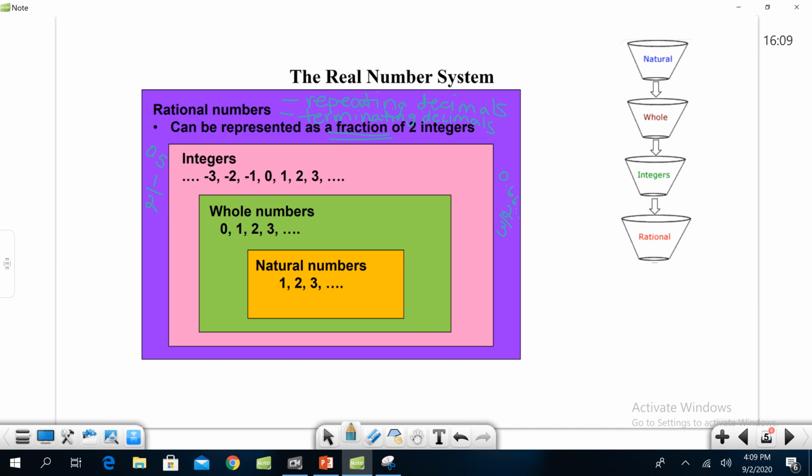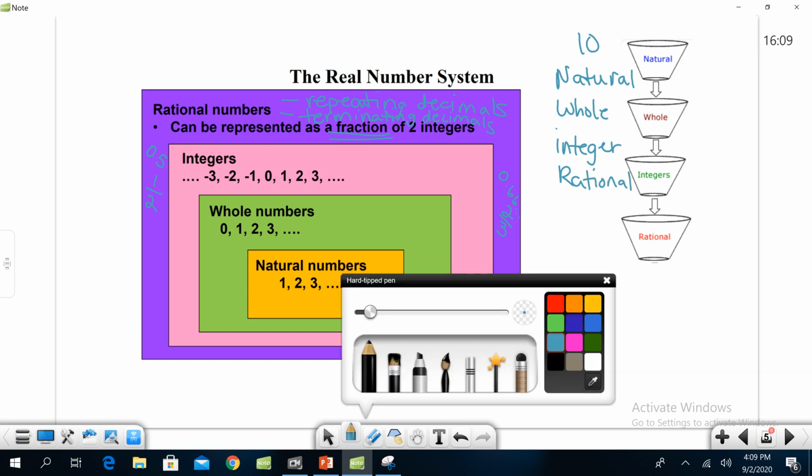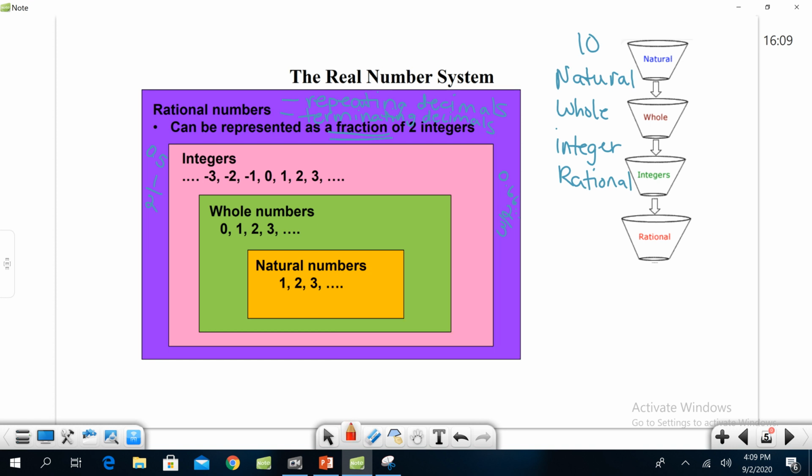So going back to my cups on this side, we said that 10 was a natural number. We said 10 was a whole number. We said that 10 was an integer. And we said now that 10 is also rational. But when we talked about rational numbers, we said that 0.5 is rational.